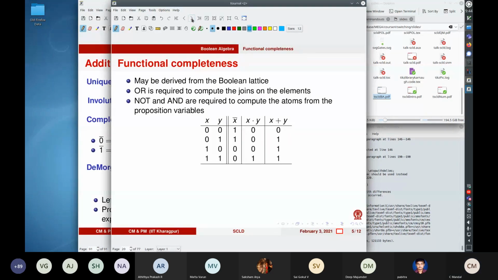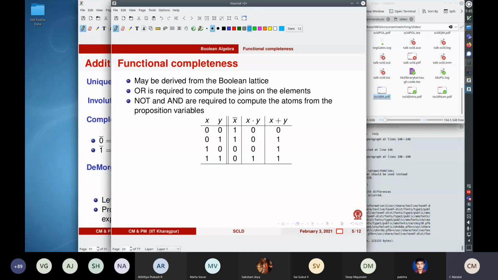Now, you also need and to represent the atoms.